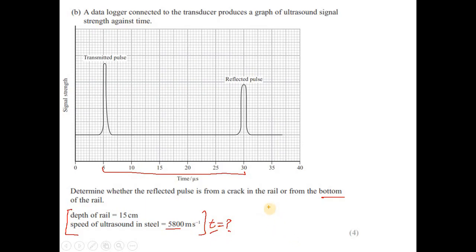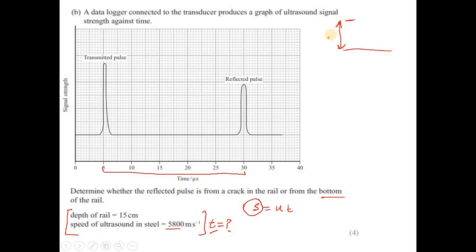Generally, for pulse and echo questions, we use the equation S = ut, where S is the distance traveled, u is the speed of ultrasound or sound, and t is the time taken. But the most common mistake students make is that they don't consider the double distance traveled by the pulse and then the echo.